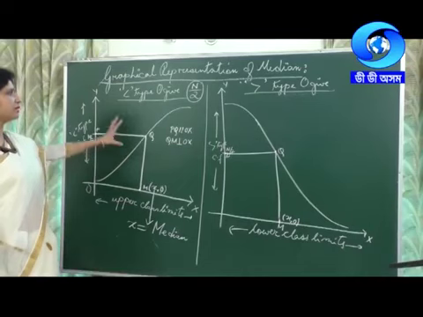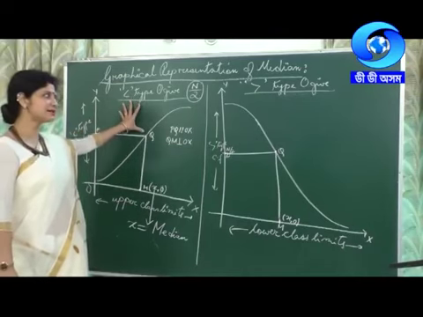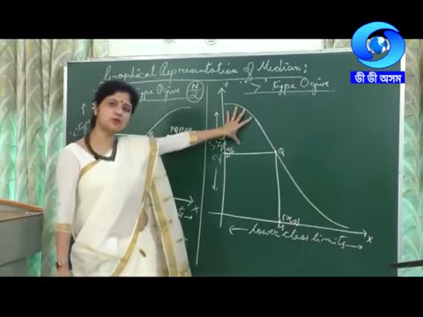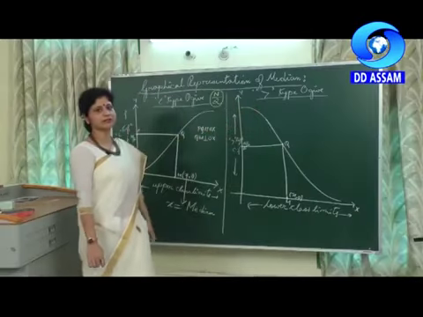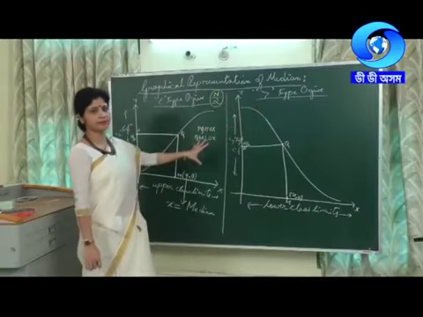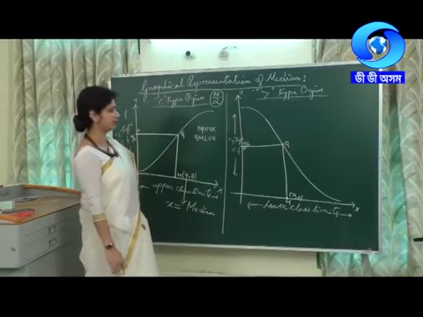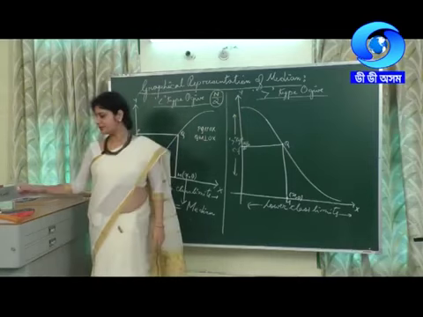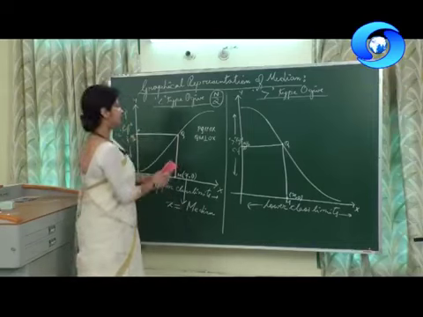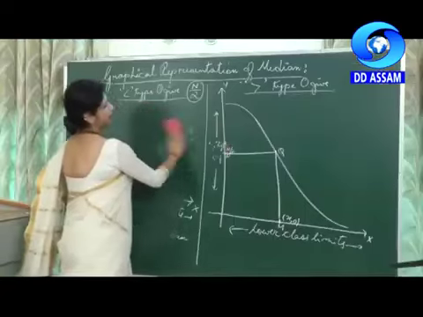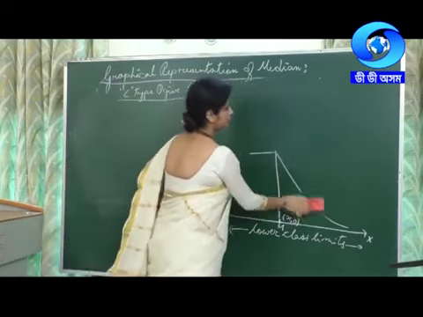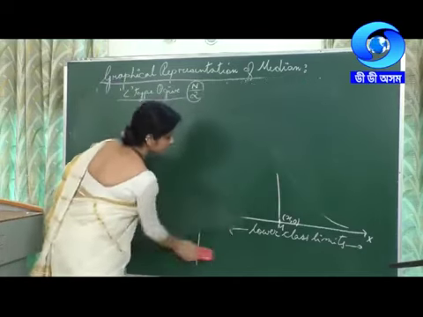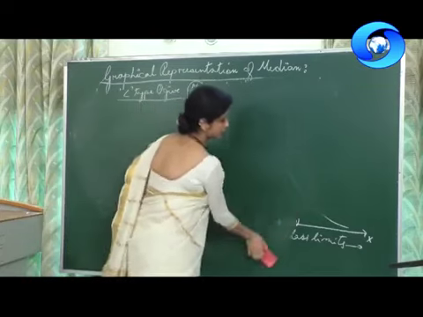So in your exam, either you make use of the less than type or you make use of the more than type ogive if you're asked to find median graphically. Either of them will give you the same result. Again, sometimes it might be such that you can find the numerical value of median from the point of intersection of the two ogives also.